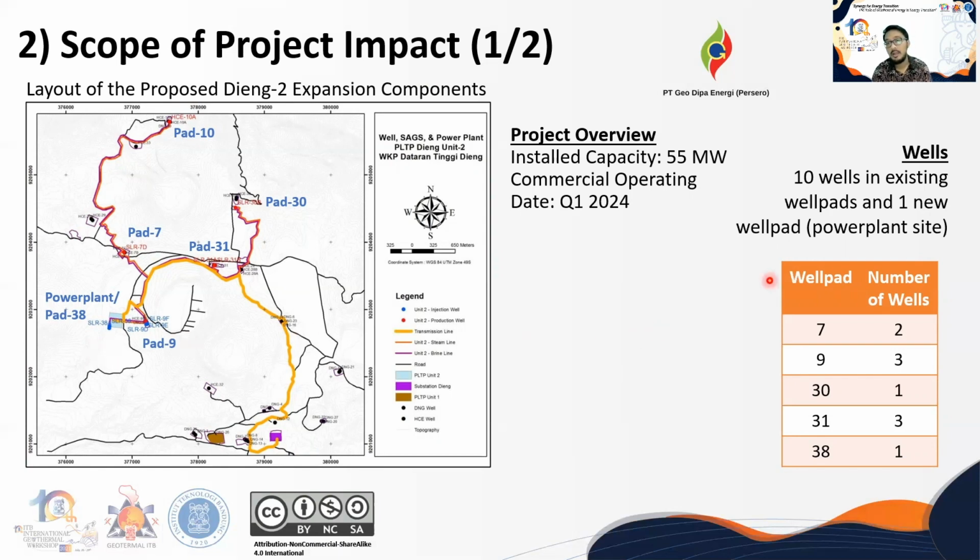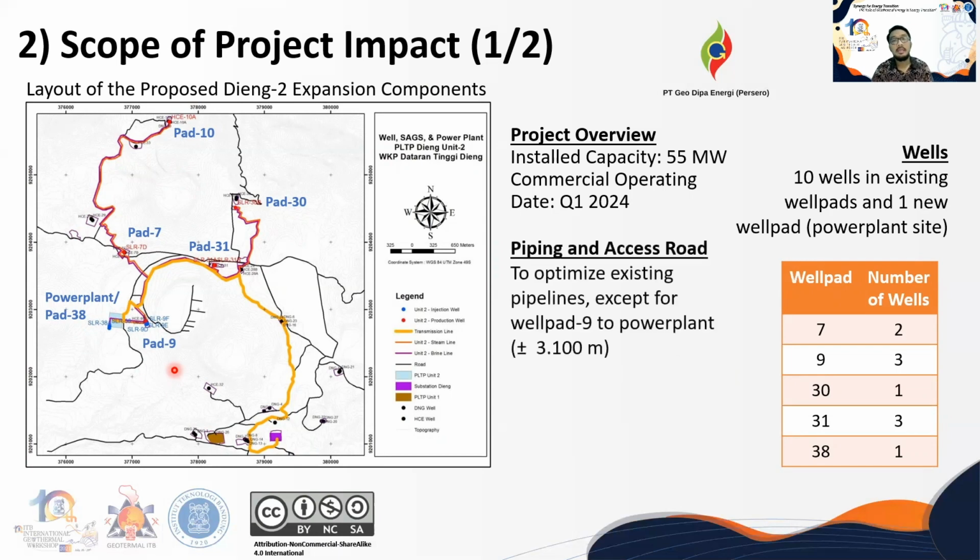The table on the right side shows us the names of the well pads, well pads 7, 9, 30, and so on, and on the right part of it is the number of wells. So once again, in total, there will be another 10 wells to be drilled. The well pads located here, pads number 7, 10, 31, and 30, are for production wells, and pad 38 and pad 9 for injection wells.